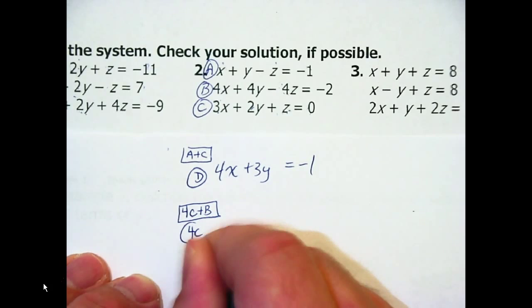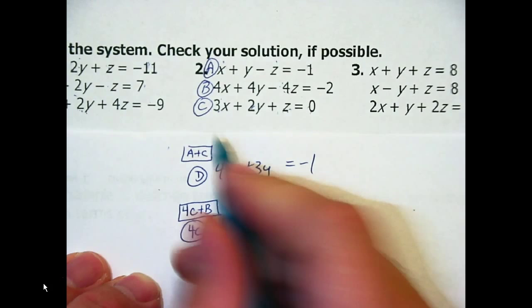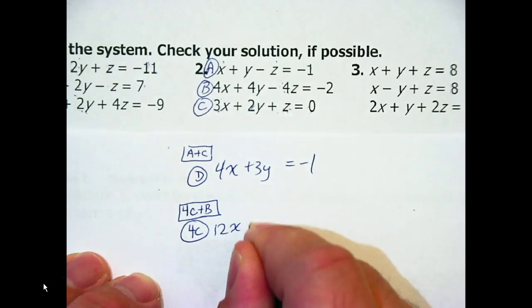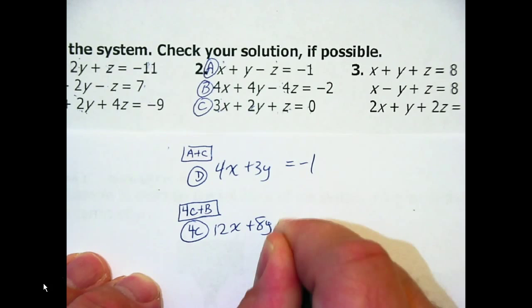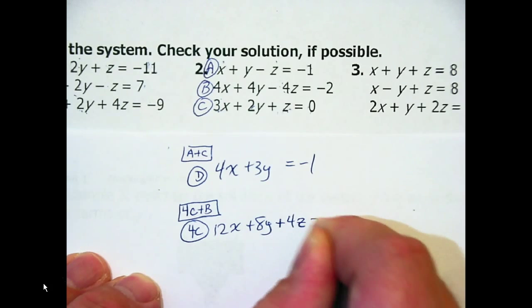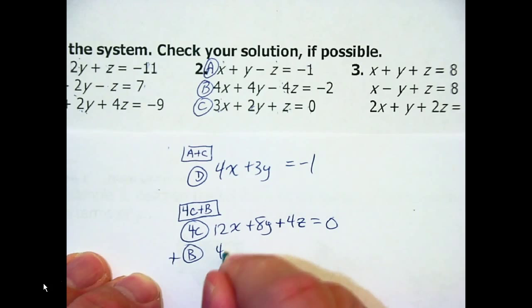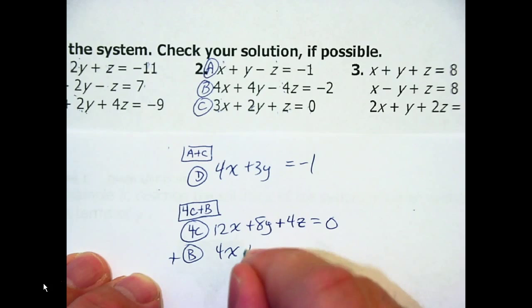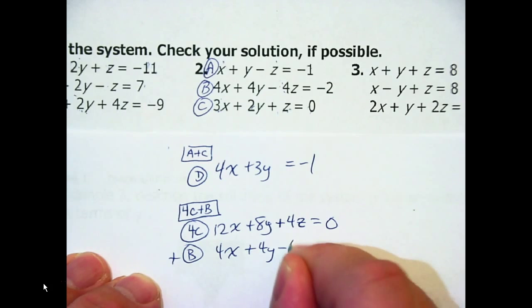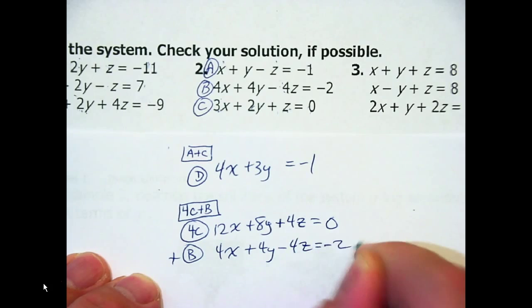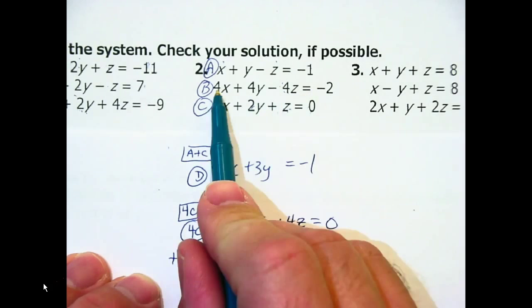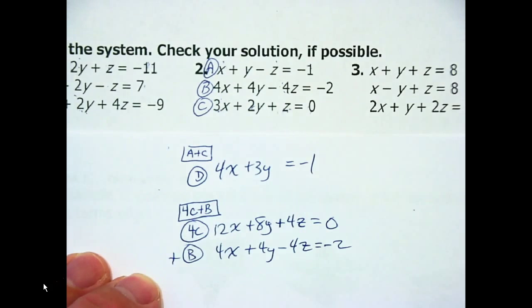4c would be 12x, 8y, 4z, and still 0. Plus b, which is 4x, 4y, minus 4z equals negative 2. Now notice we could have simplified, we could have reduced b at the very beginning if we would have wanted to. But that's okay.